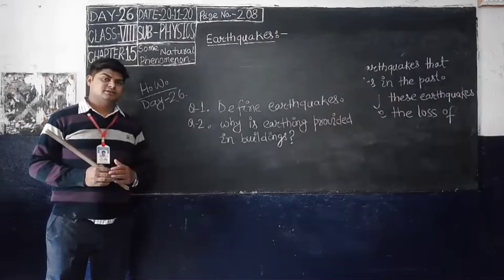In 2015, the neighboring country Nepal also suffered a major earthquake with huge loss, and its Richter scale reading was, I think, 6 or 7 point something. In 2001, Sri Lanka also suffered an earthquake.